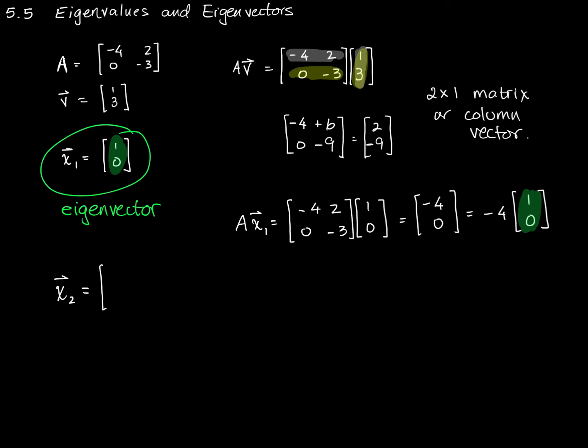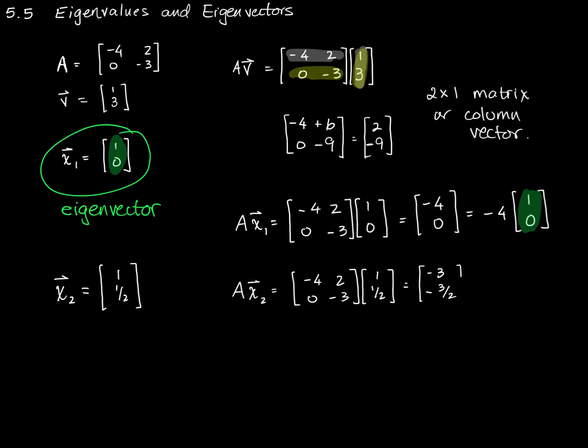Let's see what happens if we multiply this same matrix A by the vector 1, 1/2. I'm going to get -4 times 1, that's -4, plus 2 times 1/2, that's 1. -4 plus 1 is -3. And then I'll get 0 times 1, which is 0, plus -3 times 1/2, that's -3/2.